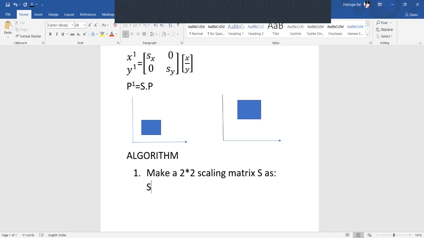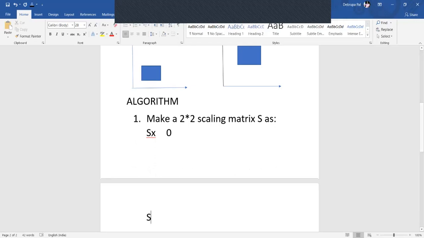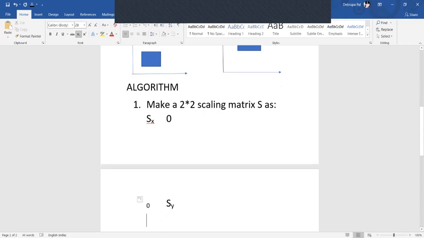S will look as Sx, 0, then 0, Sy. So this is how the scaling matrix will appear. This is the representation of the scaling matrix.